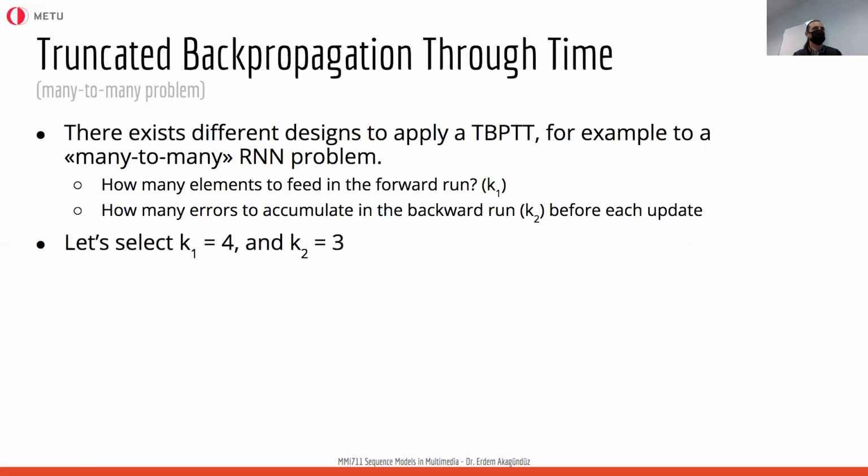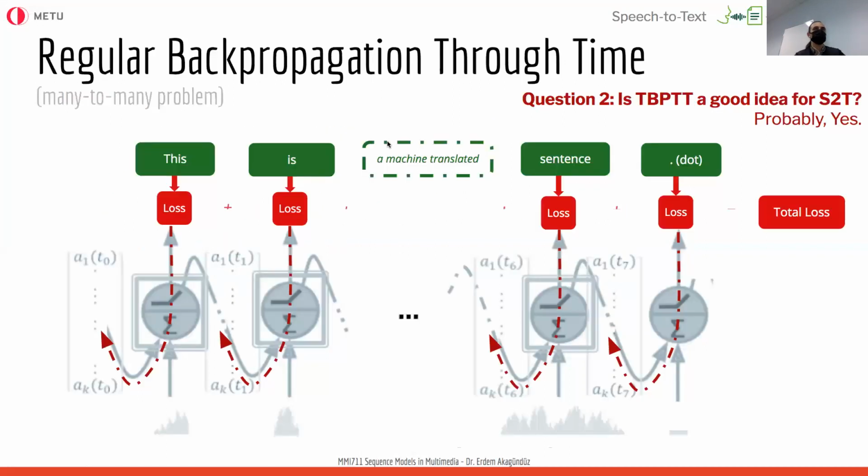So there exist different designs to apply. Before I continue this slide, let me ask you: do you have any questions about applying truncated backpropagation to different problems and their pros and cons for these two problems, grammar detection and speech to text?